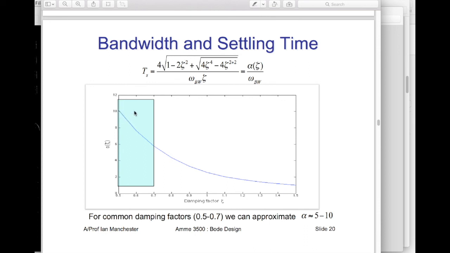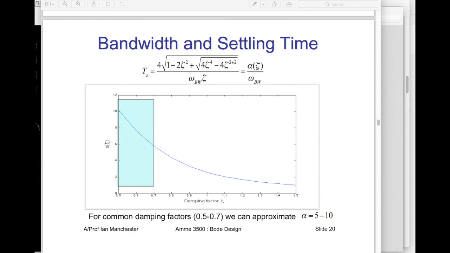If we want to come up with a safe bound, a bit of a conservative estimate, we can say that settling time is about 10 over omega BW. So really it's more likely somewhere between 5 and 10, but if we assume it's going to be 10 over omega BW and it ends up less than that, then we'll consider that to be okay. So we can say approximately here TS equals 10 over omega BW.